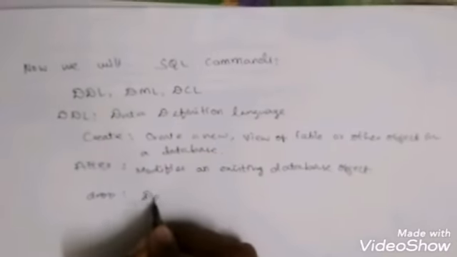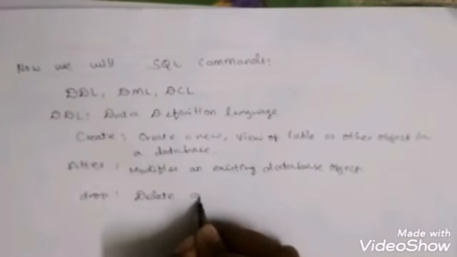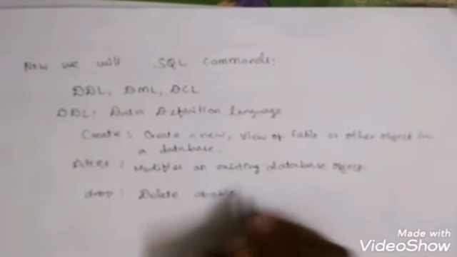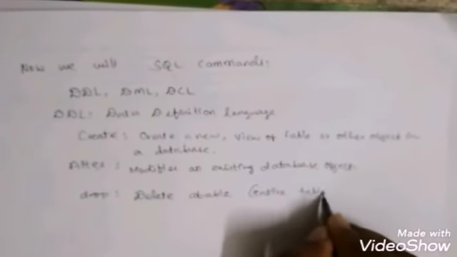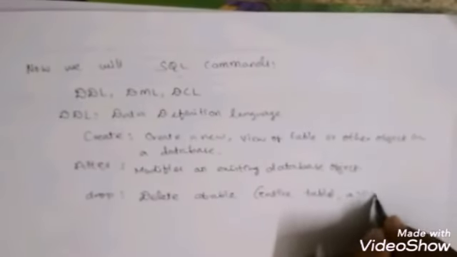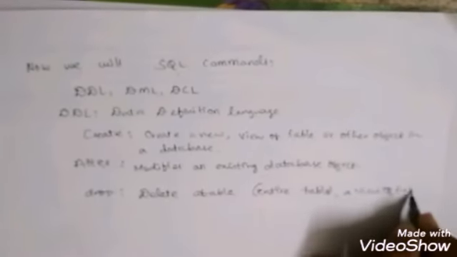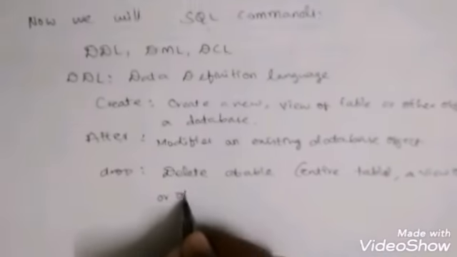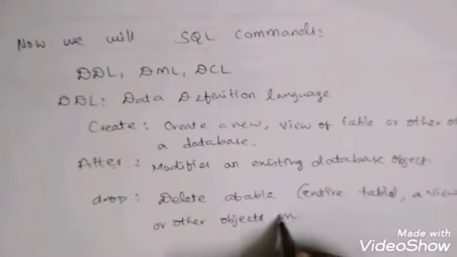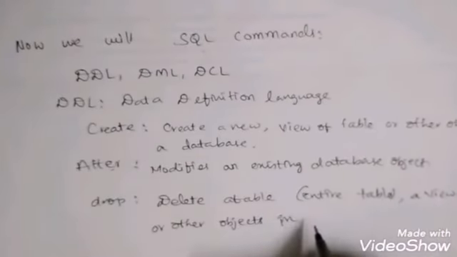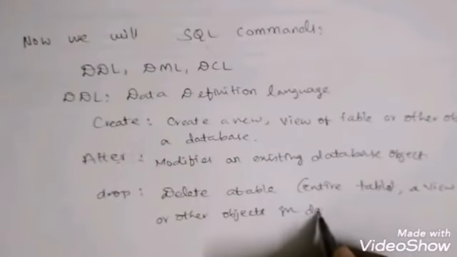Drop. We use drop to delete a table. An entire table will be deleted once we use the command drop, or a view of a table or any other objects in a database. Once we use this command drop, if you want to get it back, we won't get it.